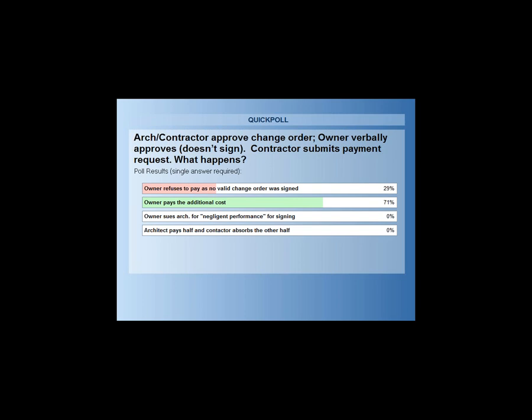And then lastly from Jim: typically the specs state that the contractor will perform no change order work without an approved or fully executed change order. The common understanding is the contractor will perform the change order work before the change order is executed. Again, this is at the risk to the contractor.